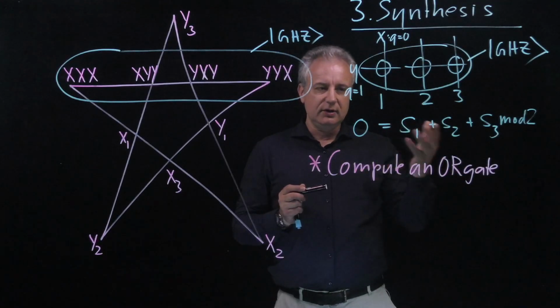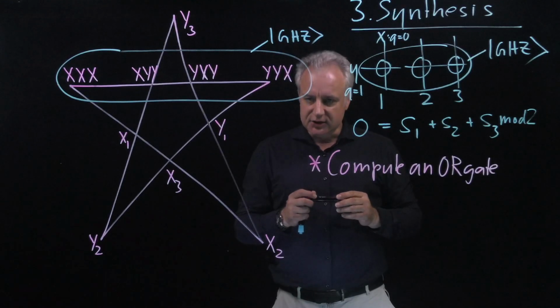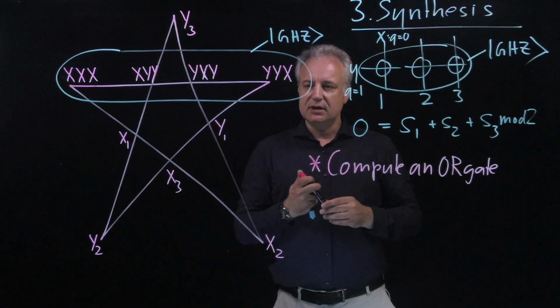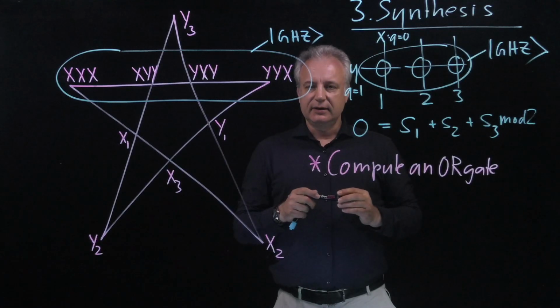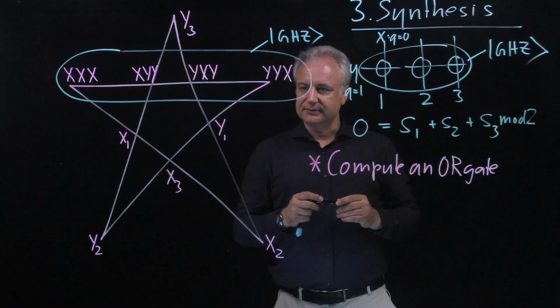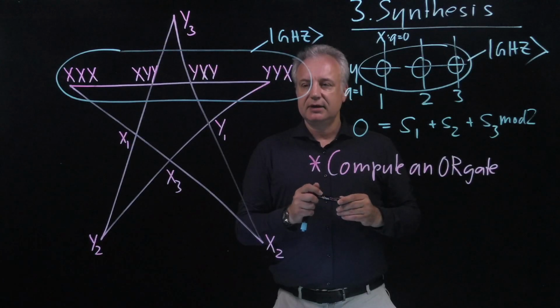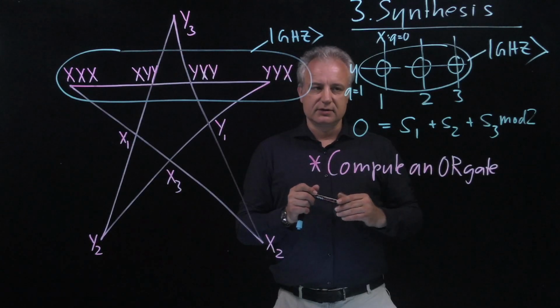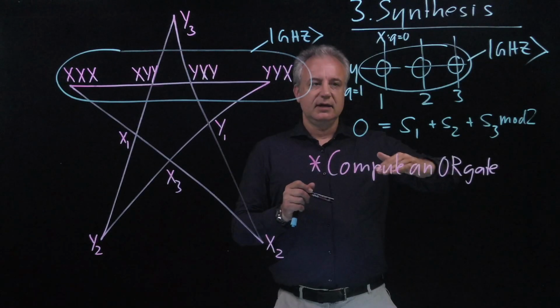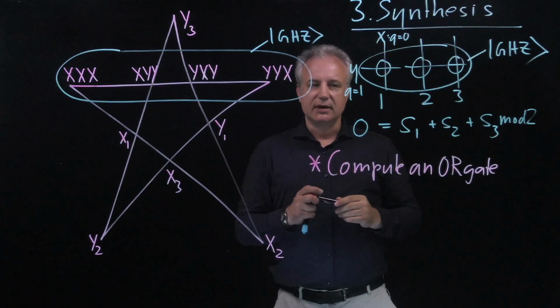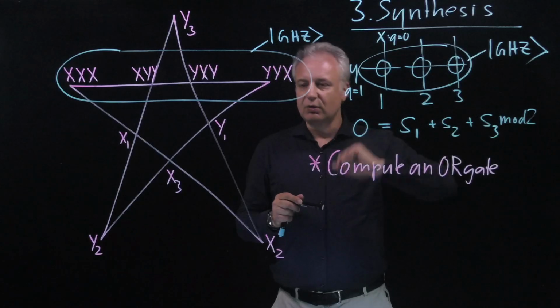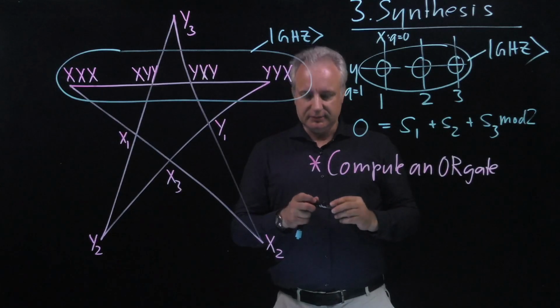We can do nonlinear Boolean functions, and that boosts us from a very limited computational model to classical universality. It's not quantum universal, but it is classically universal. So with this quantum resource, in this setting, we tremendously boost the computational power. And that's why this OR gate is important.